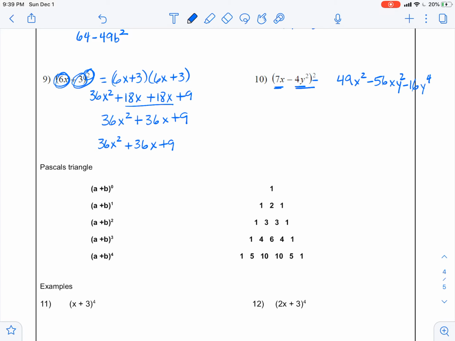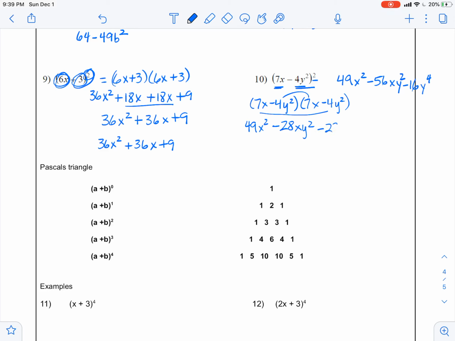Let's do it the long way. 7x minus 4y squared, 7x minus 4y squared. Okay? First, okay, outside, 7 times 4 is 28, xy squared.